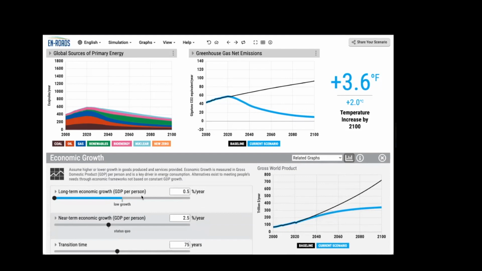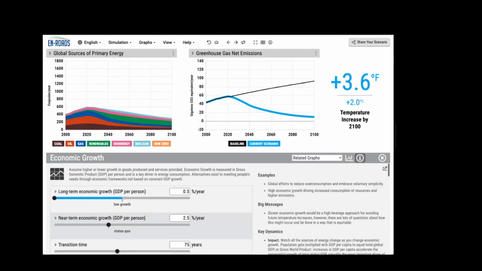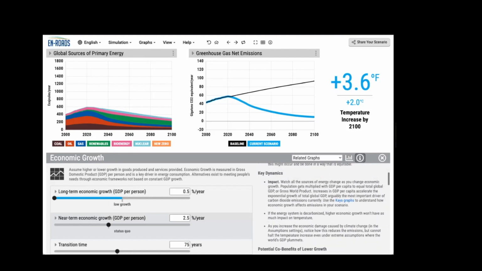If we were to go down to a long term of 0.5% growth, so it's not negative, but as compounding goes, it makes a huge difference in the amount of trillions of dollars in the global economy, by 2040, when it really kind of breaks out here, with 300 versus 700. But yeah, we'll leave that in there. And then again, you can read more about it and dig more into it if you're interested.